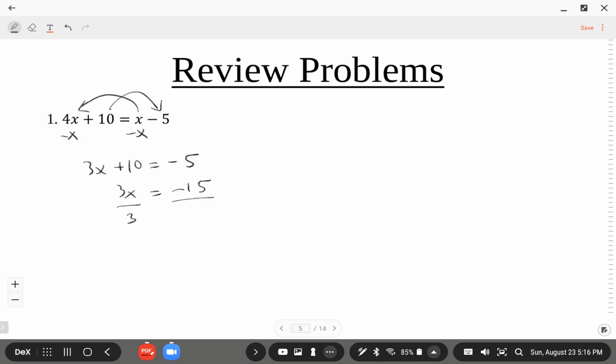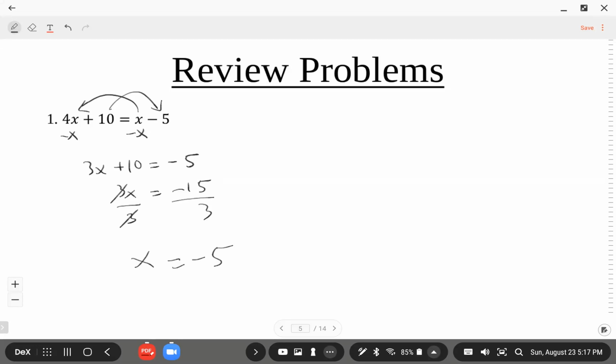Not divide by x. Sorry, that was a mistake. Divide by 3 on both sides. And then 3x divided by 3, you get to cancel out the 3. Then you get x equals -15 divided by 3, and then simplify it, and that is -5.